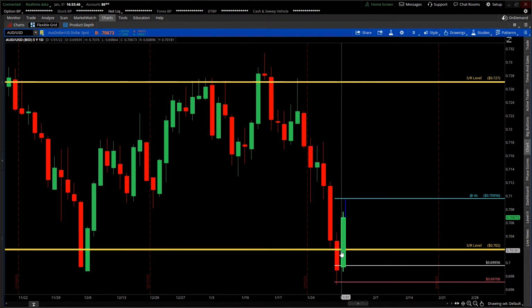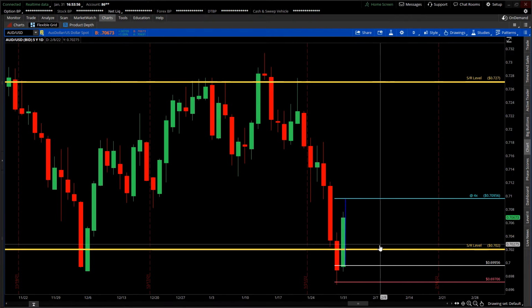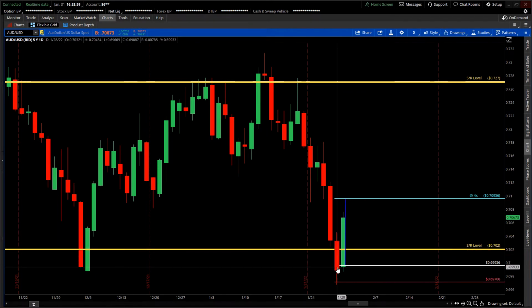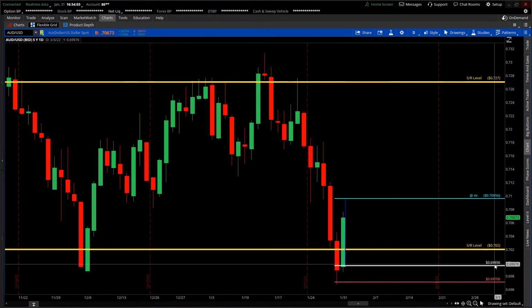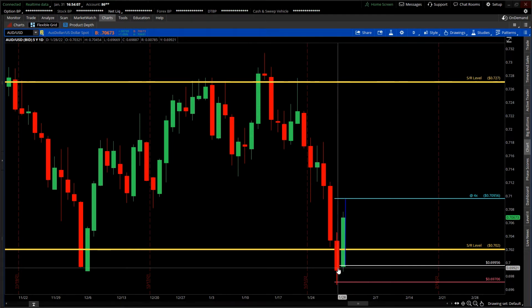And when it did that, I thought that was an ideal opportunity for a long position, because if this was a valid support level, then I would anticipate a bounce above this level. So when price fell to 0.69956, that's when I took a long position.